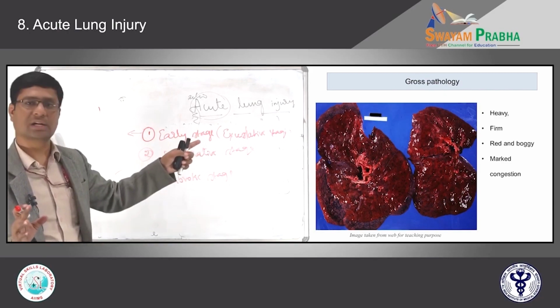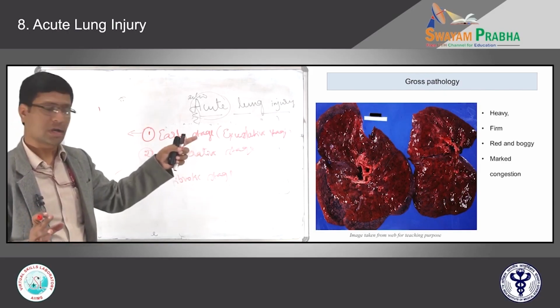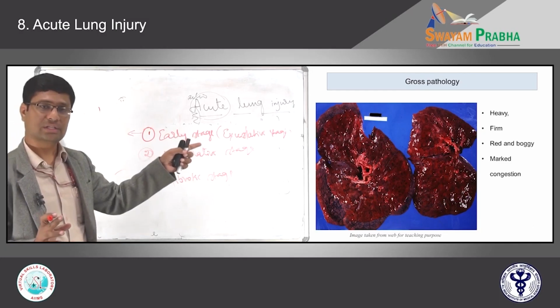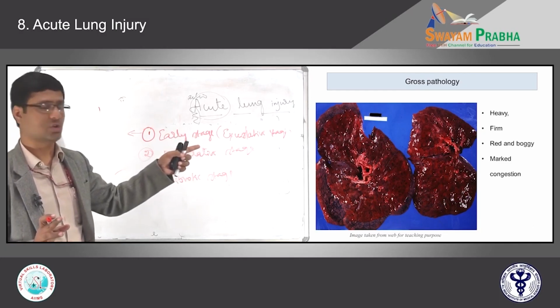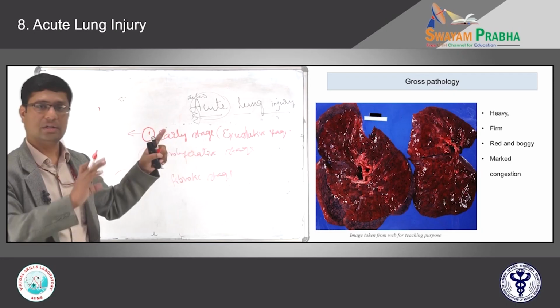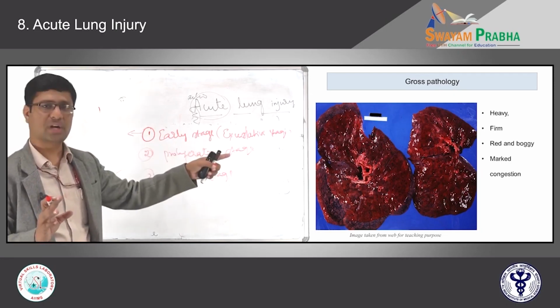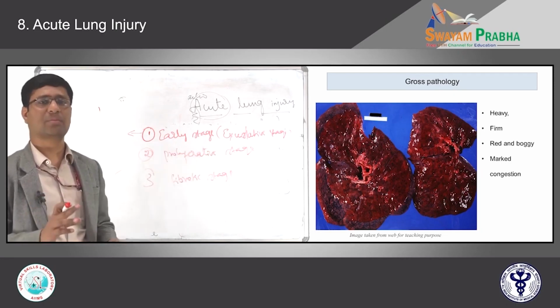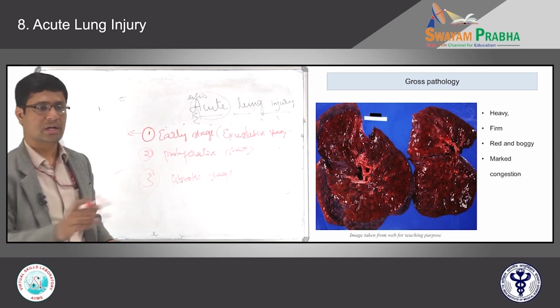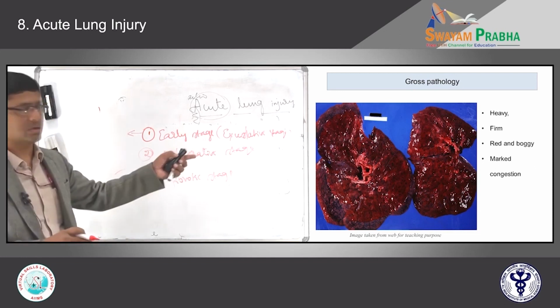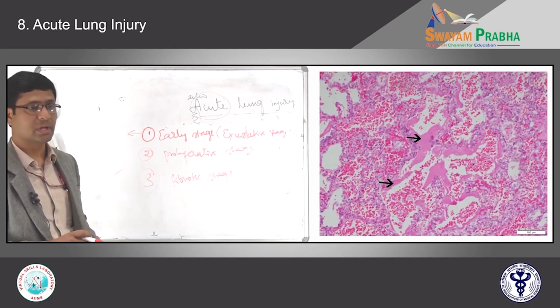So this is the classical gross pathology of the exudative phase, or early stage, of adult respiratory distress syndrome. This is an acute phase. Lot of hemorrhage, blood will be collected. The lungs will become heavy, red in color, and this is how it looks. Can you see the gross pathology?